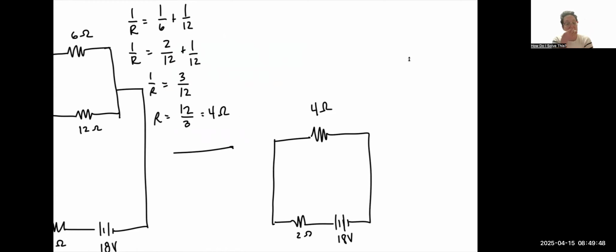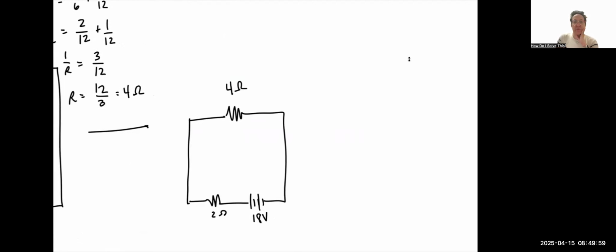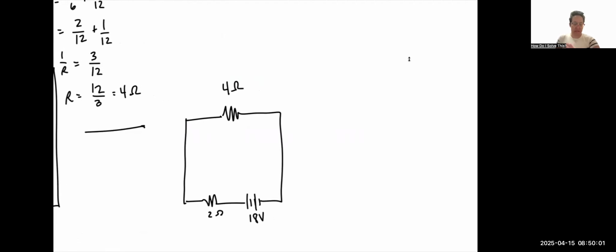Now, this is a place where we suddenly see it's simple, but I will tell you that a lot of people will try to tell me that this is a parallel structure, and it is not. These two are in series.